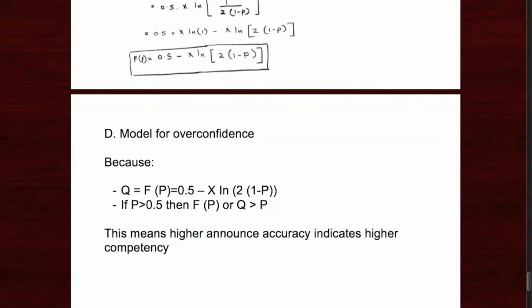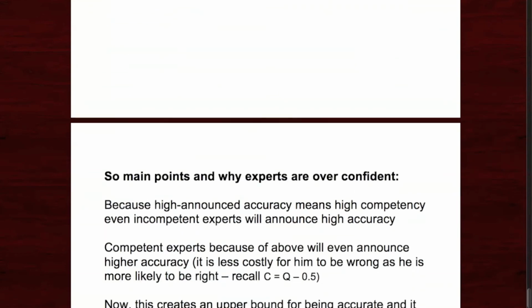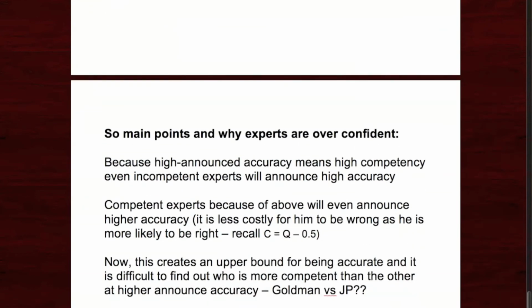Then if P is greater than 0.5, we see that Q is greater than P. So if P is greater than 0.5, then announced accuracy is going to be greater than the expert's competency. This means higher announced accuracy indicates higher competency. Because high announced accuracy means high competency, even incompetent experts will announce higher accuracy.